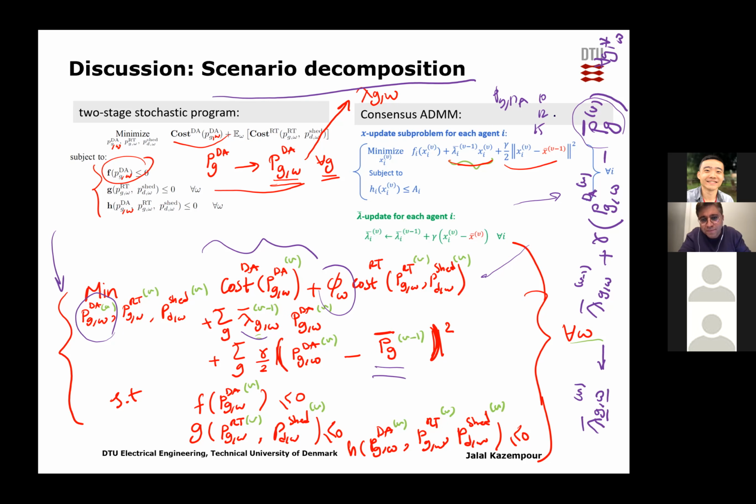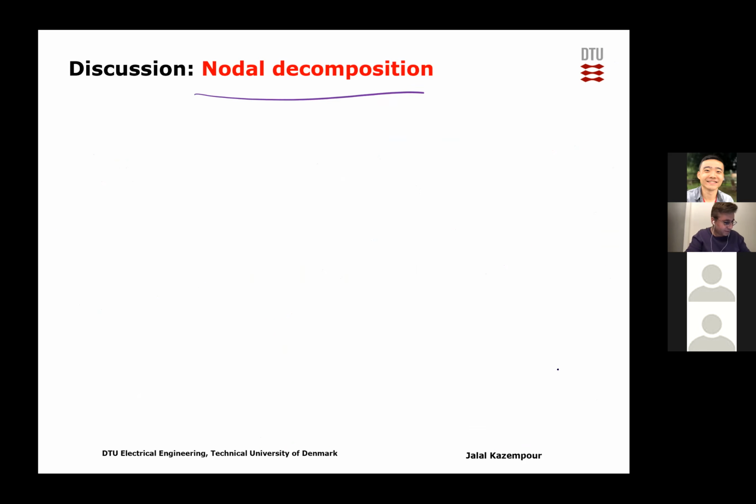So you agree with me? I think it doesn't matter for the optimal variables, but for the objective function value, it matters. But yeah, we can talk later. Anyway, I'll leave it as an open question. It should not be a very critical problem. Good. Let me talk about nodal decomposition.